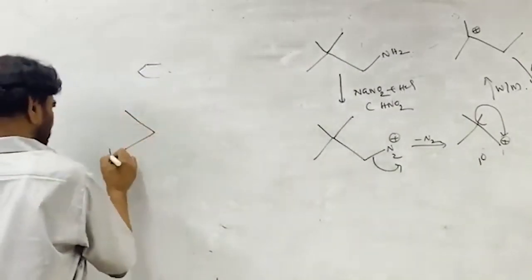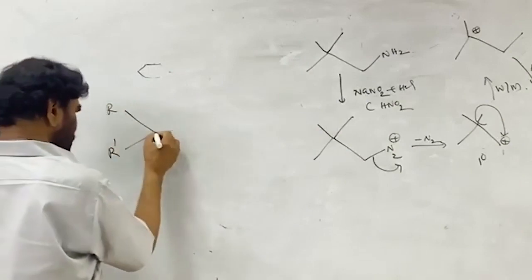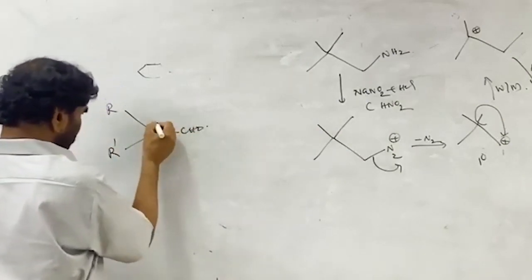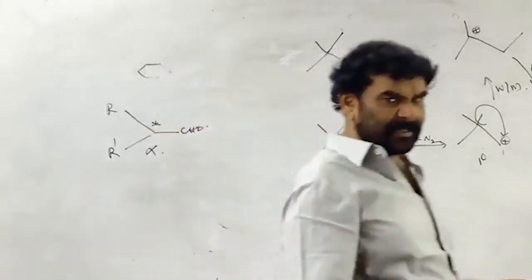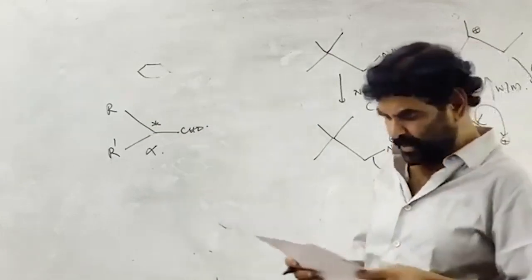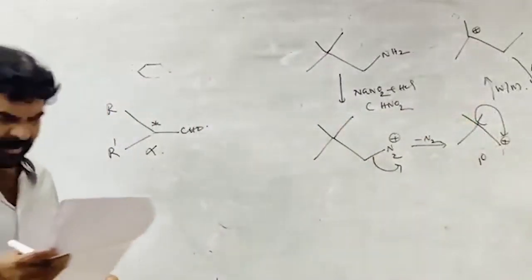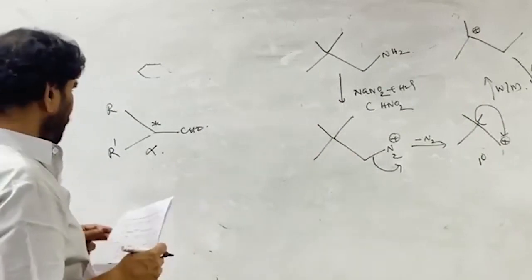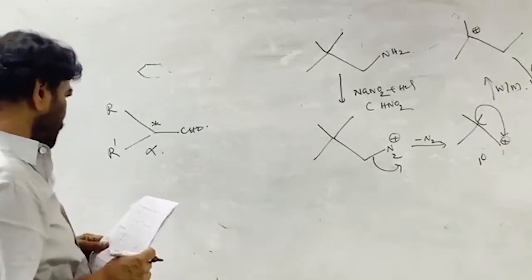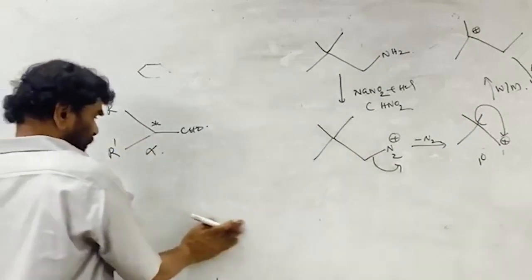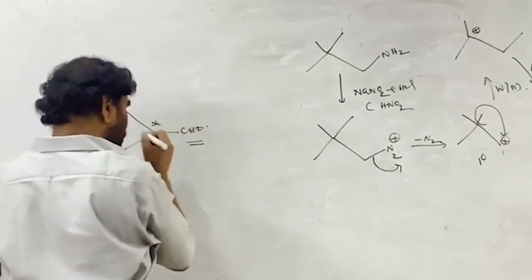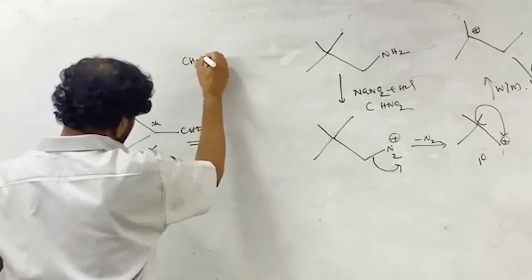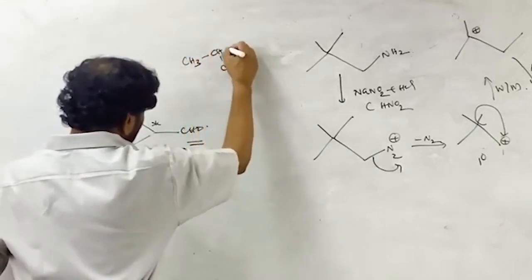In question 47, see here, this is the R prime, this is the aldehyde group. This is the alpha carbon, with one hydrogen. If it is an alpha-substituted aldehyde, even though it contains one more hydrogen, that will not take part in the aldol condensation. It takes part in the Cannizzaro reaction, not in the aldol condensation.